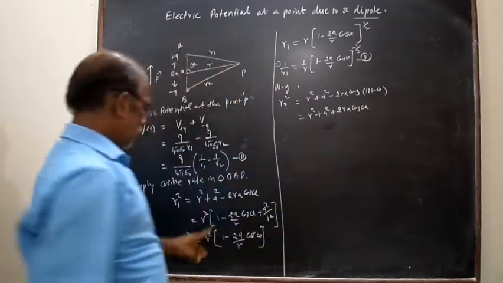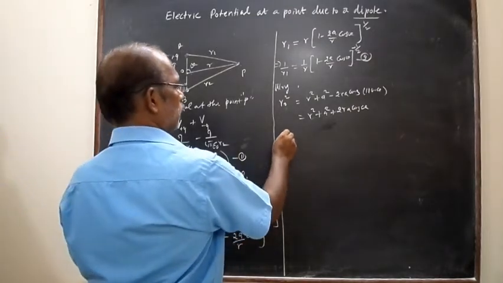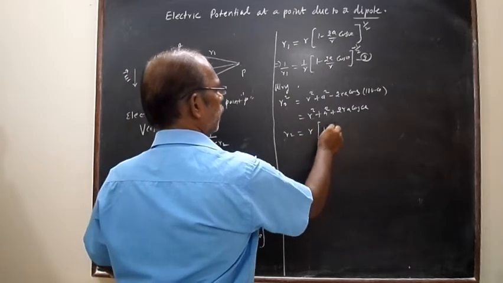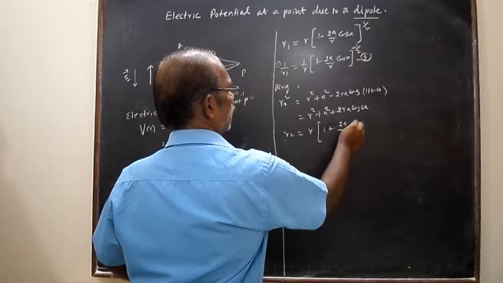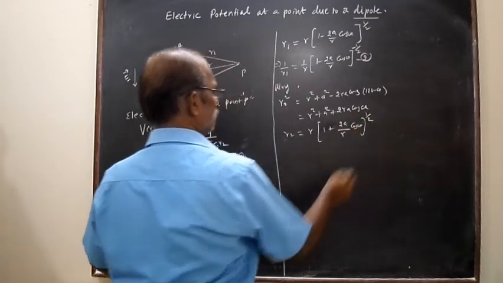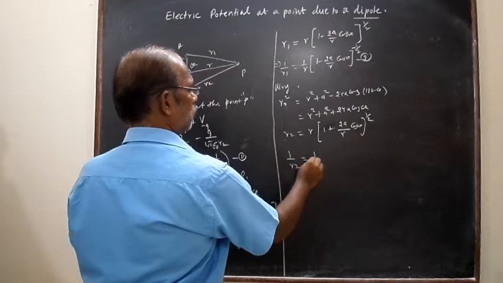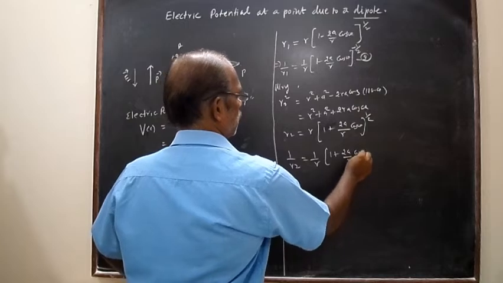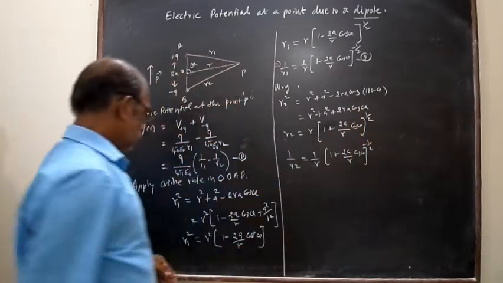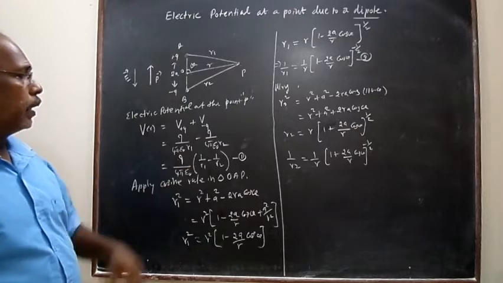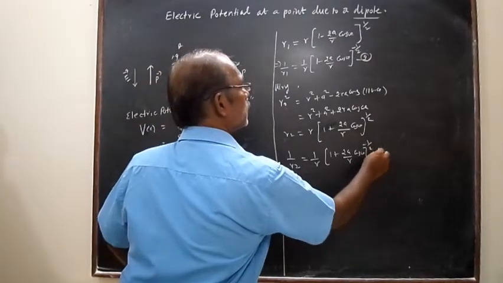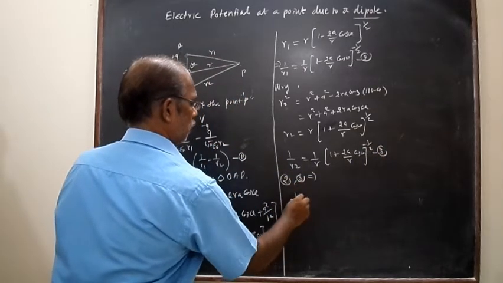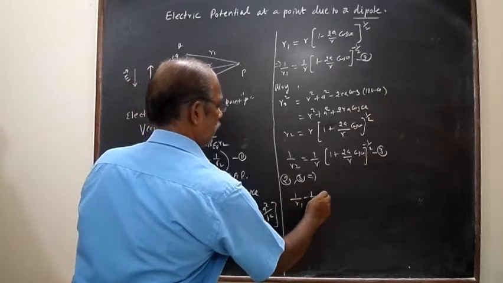Applying the same adjustment, R2 equals R into 1 plus 2a by r cos theta whole power 1 by 2. Then 1 by R2 equals 1 by r into 1 plus 2a by r cos theta whole power minus 1 by 2. But we need 1 by r1 minus 1 by r2. This is the third result.